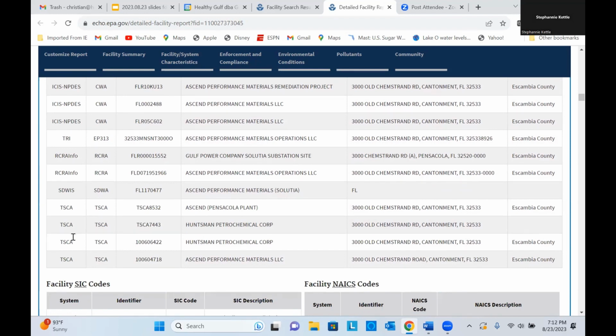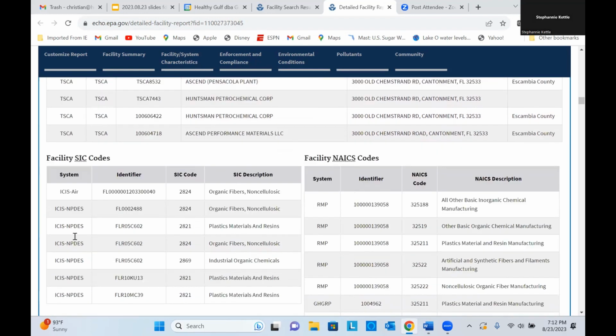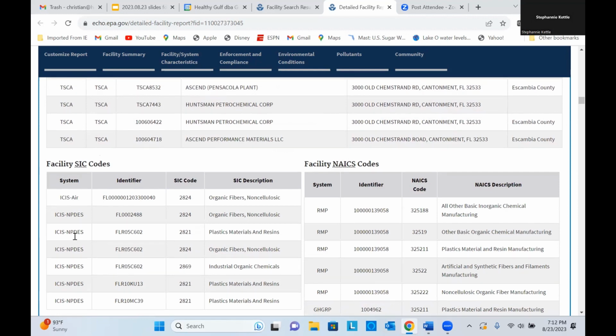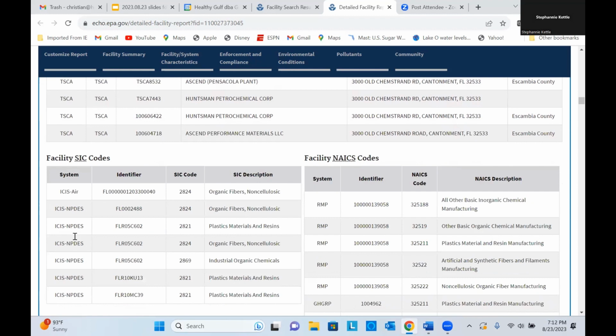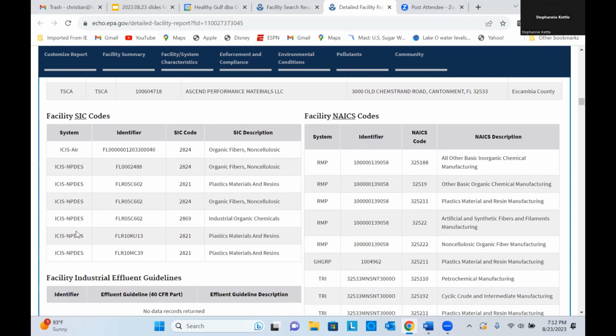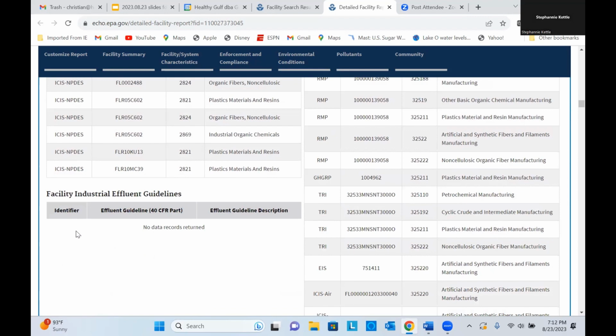So those are all shown. And then the facility has a code that's unique to it for each type of regulatory scheme or statute that it's falling under here. So you see there's one for air, there's one for its NPDES permit, which is basically its water discharges to, say, the river nearby, which in this case would come from stormwater. So those are all there.